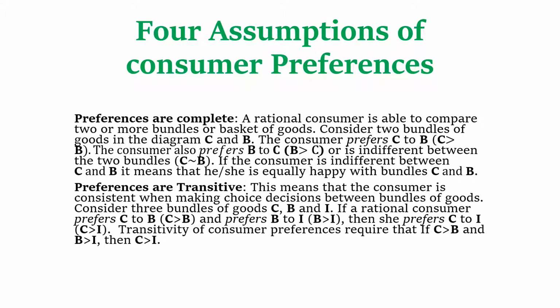It requires that if C is preferred to B and B is preferred to I, then it follows that C is preferred to I. So this is the transitivity assumption of consumer preferences.